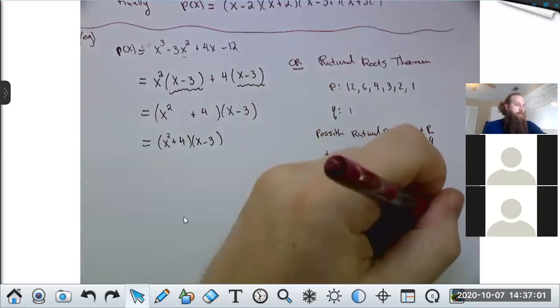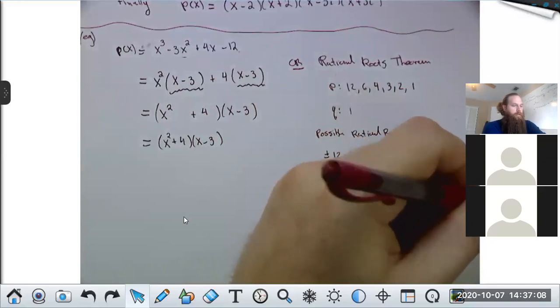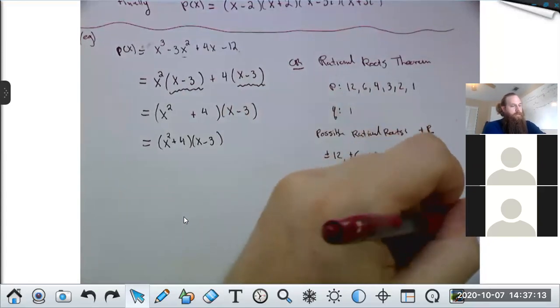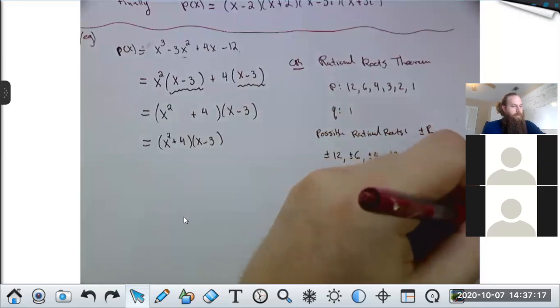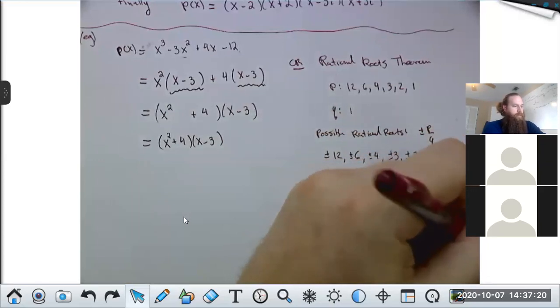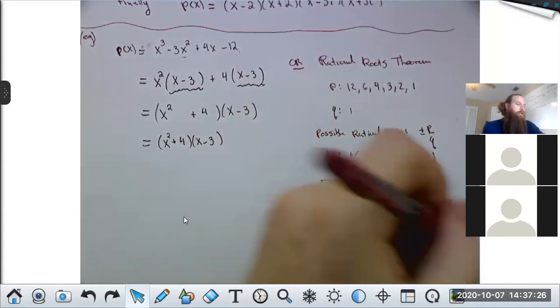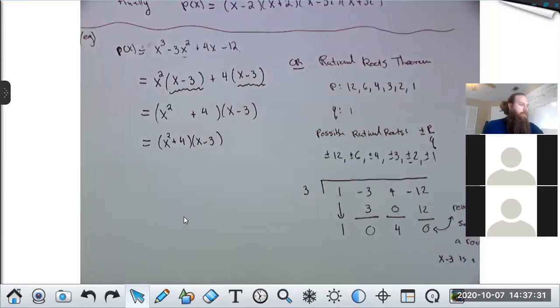So my remainder is 0, which means that 3 is a root, i.e. x minus 3 is a factor. And this is the quotient.